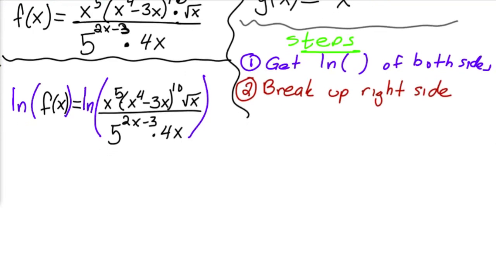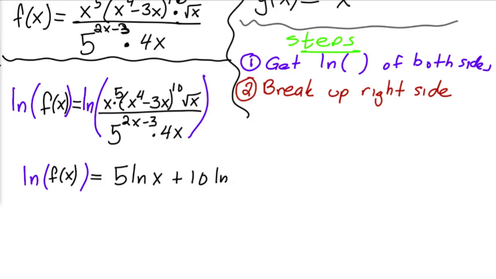On the left side, I'm going to have still natural log of f of x. And if I use the laws of logarithms to break this guy up, I would get 5 natural log of x plus, bring the 10 down, 10 natural log of x to the 4th minus 3x.